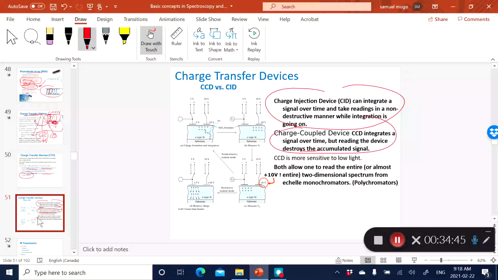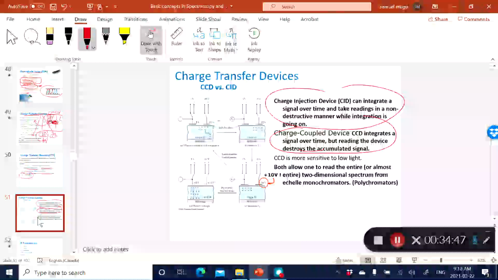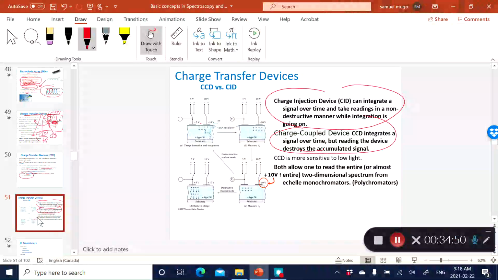So it's a non-destructive signal detection technique, because all I'm doing is moving the holes to the next electrode, and then I can move them back if I so wish, just by changing the polarity of the electrodes on the surface of the PN diode. And as such, in this case, you can actually amplify the signal, because you're not destroying it, so you can collect the signal possibly in a minute, and then you do the measurement.